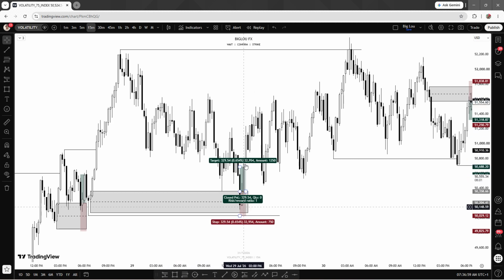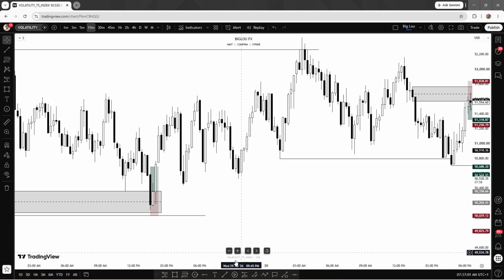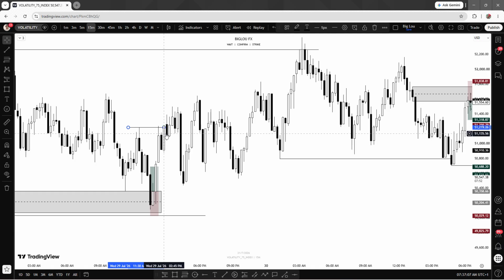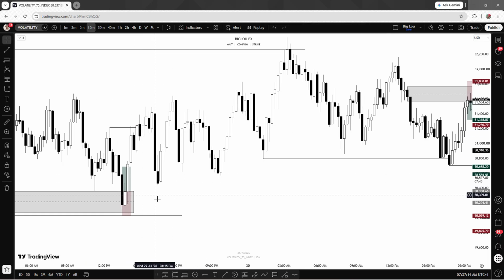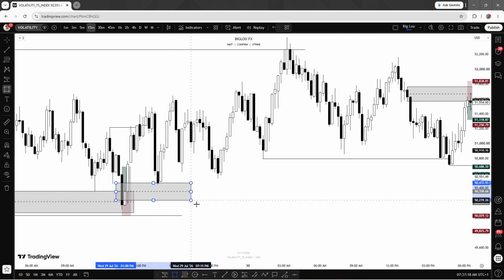Price mitigated, broke this high internally. Let's mark the internal structure and see what would have happened. We'll break this high here with this candle body. And when we took that high with that candle body, we came back to this zone, which was our demand zone, valid demand.